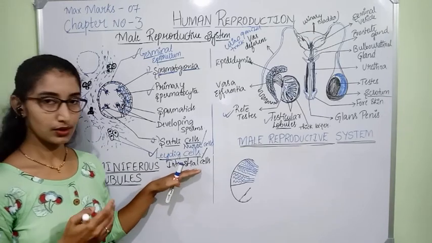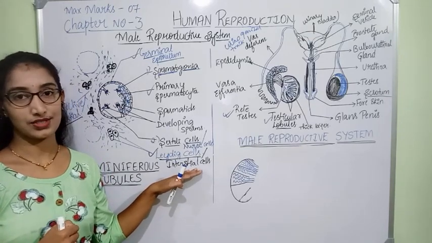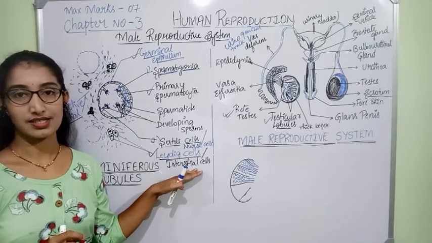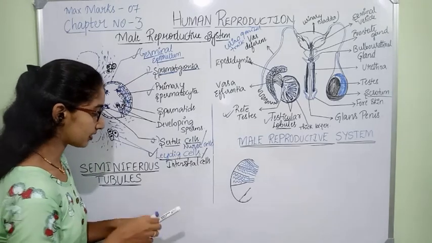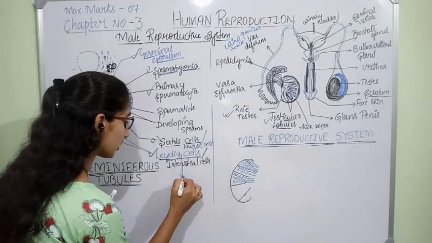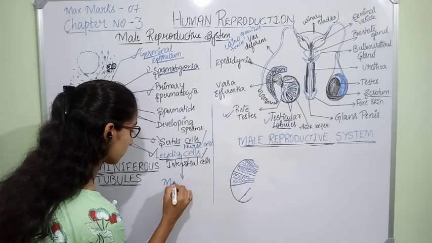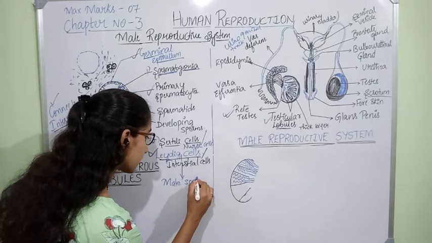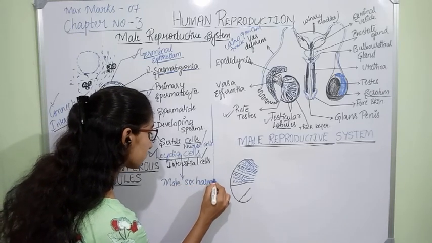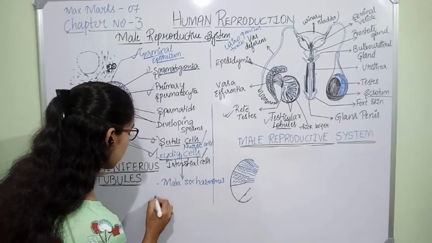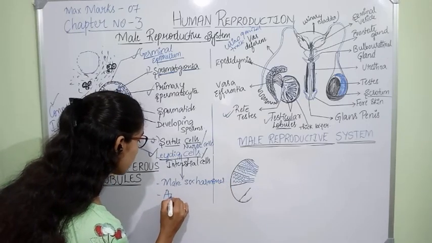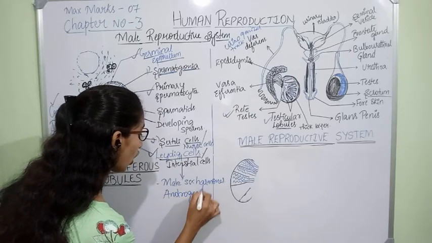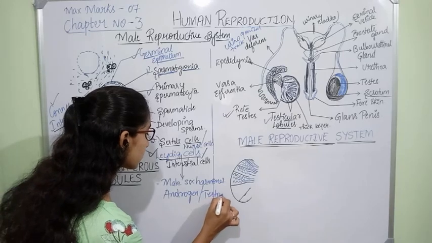If so, what is the function of interstitial cells or the Leydig cells? The main function of the Leydig cells is to produce male sex hormones such as androgen or testosterone.